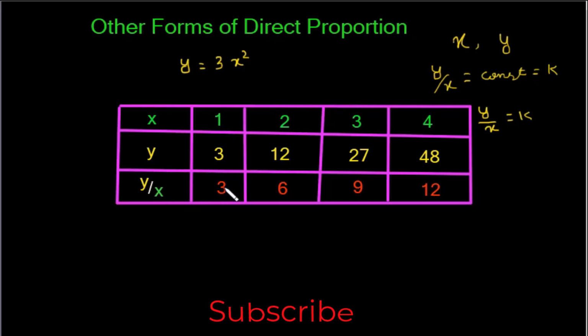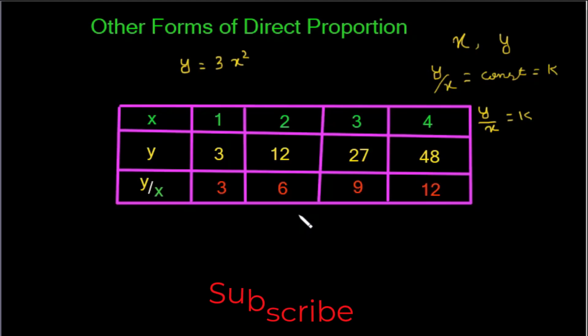So 3 divided by 1 gives 3, 12 divided by 2 gives 6, 27 divided by 3 gives 9, and 48 divided by 4 gives 12.